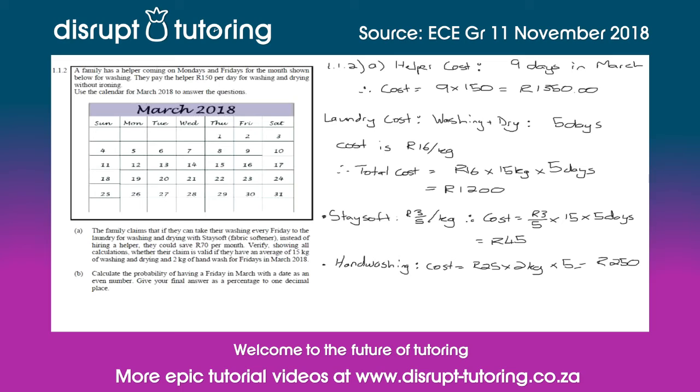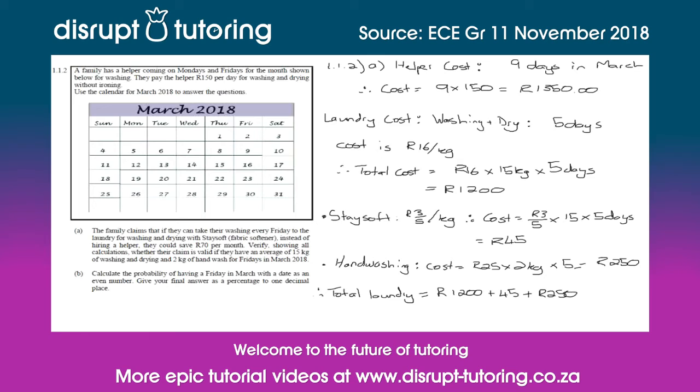Okay, so now we need to say, therefore, the total laundry cost is a sum of those 3 numbers that we've just calculated. So this is going to equal the 1,200 Rand plus the 45 Rand plus the 250 Rand.